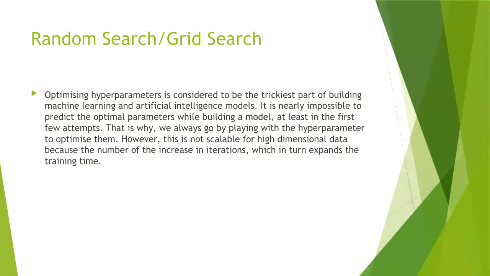That means when you are building the model, you don't know what parameters to keep, or how you can optimize those parameters so that you can get a good value.